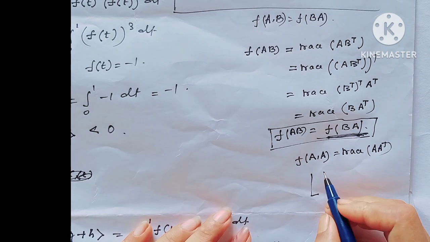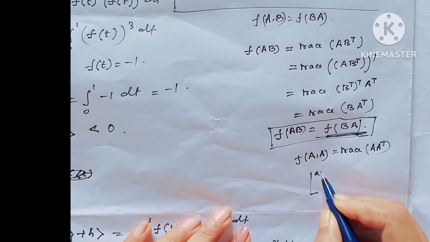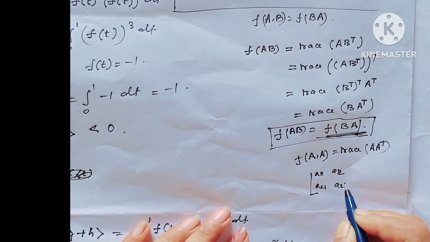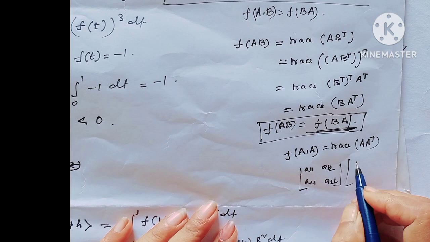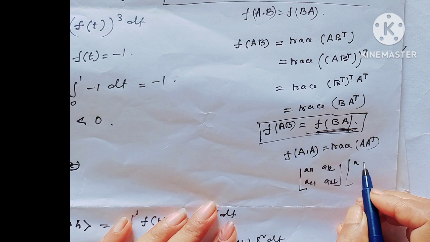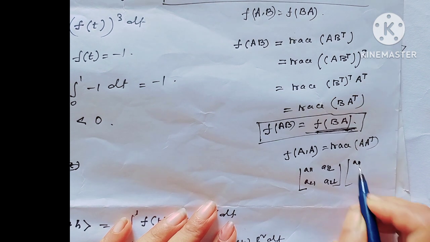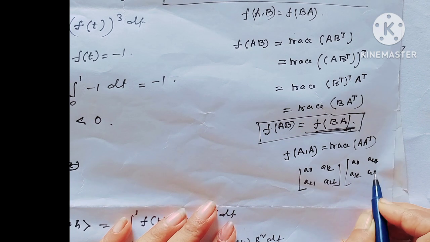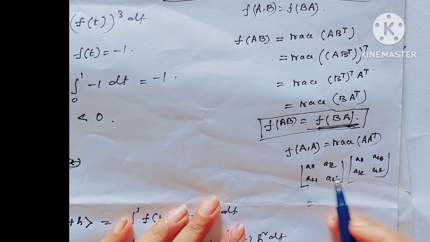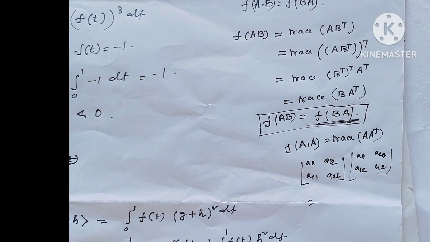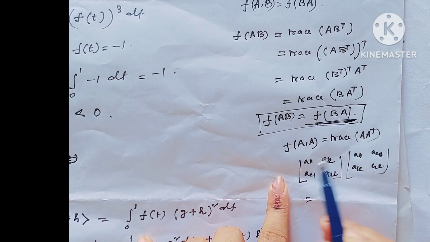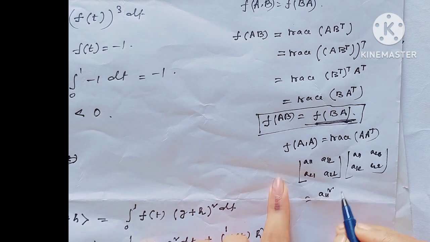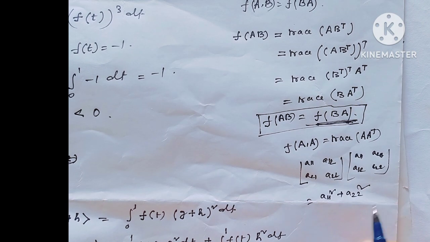Notice, if we consider an arbitrary 2 cross 2 matrix A with entries A11, A12, A21, A22, A transpose means A11, A21, A12, A22. Therefore, the trace of A A transpose would be A11 square plus A22 square plus the off-diagonal terms.